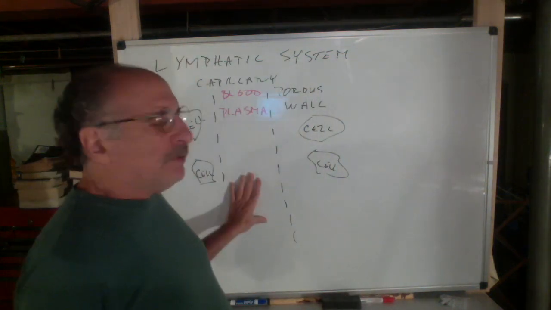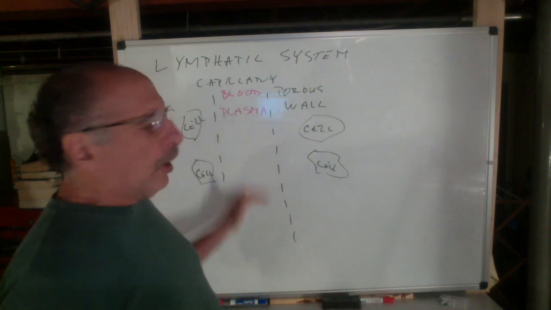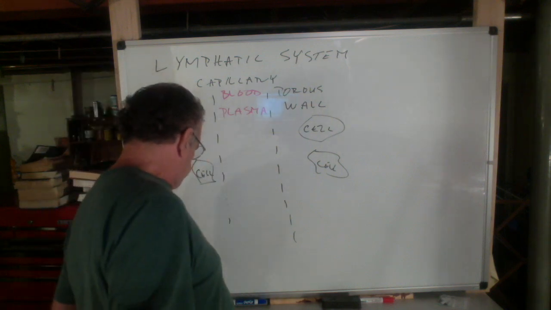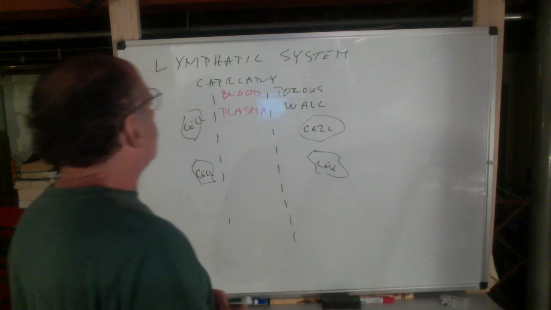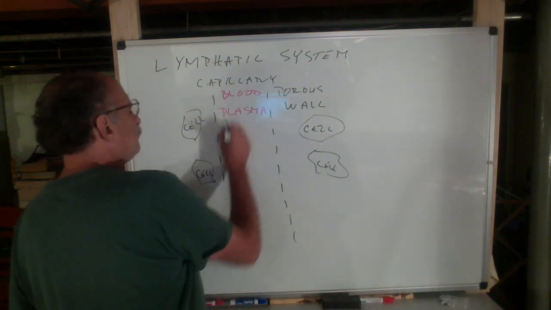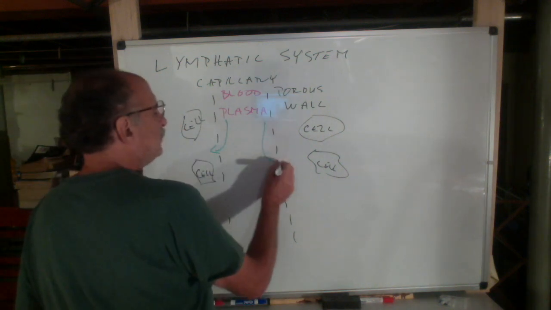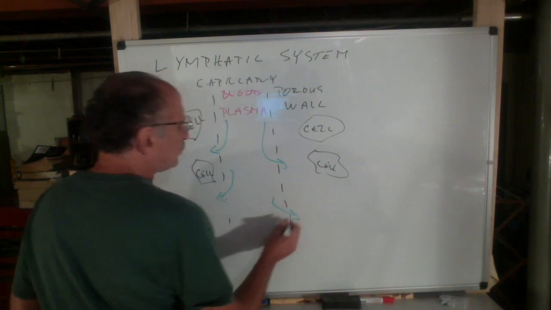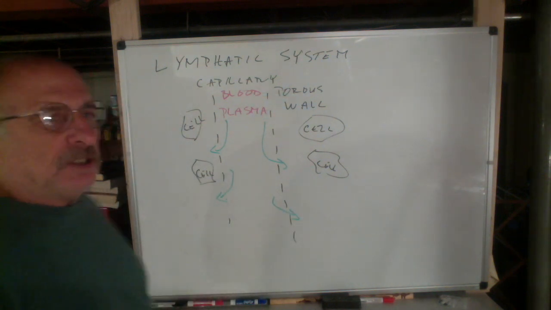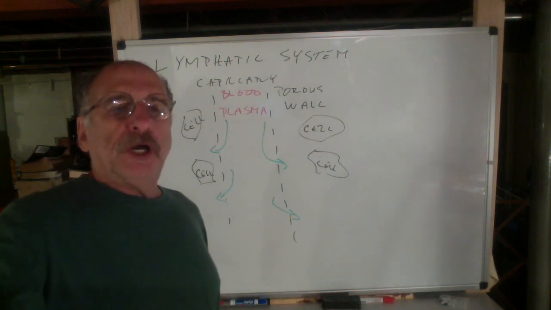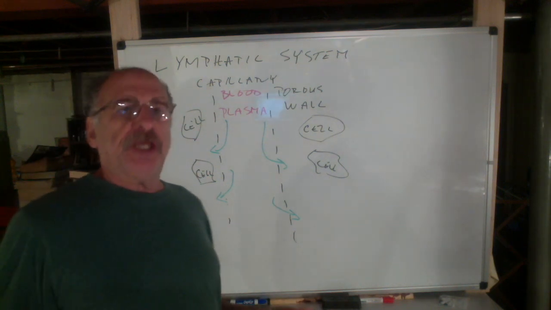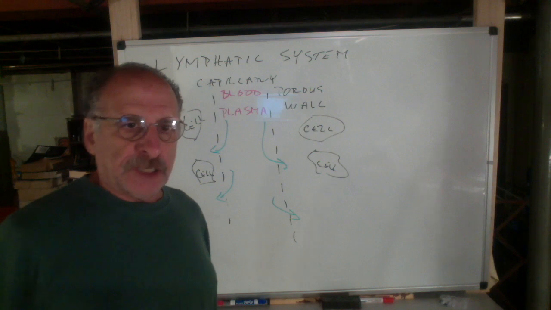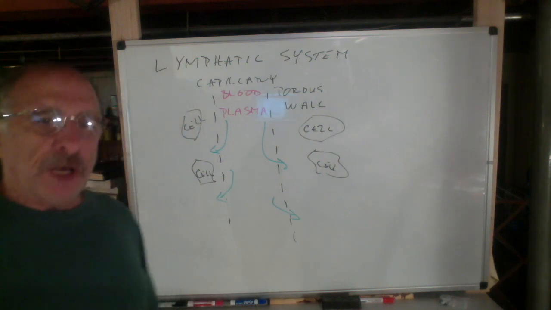But the capillaries have porous walls. So when the blood is pushing out against the walls of the tube, fluid leaks out. Now, this is a normal process. It might sound a little scary, but it's a normal process.